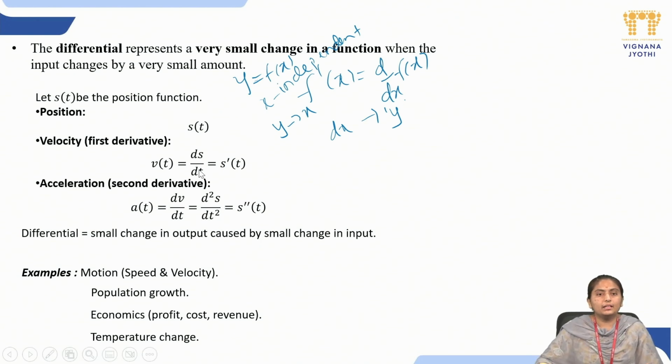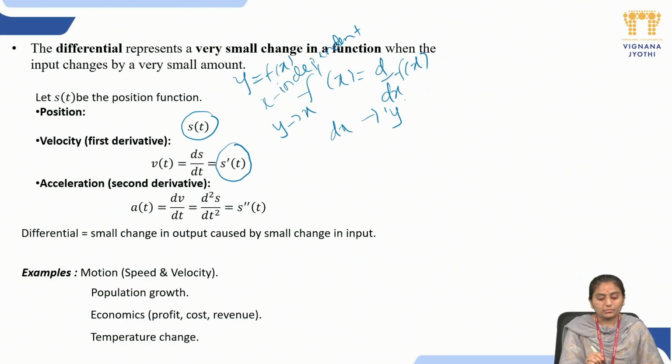Suppose we consider s of t to be the position of an object. Okay, initially at time t, the position of the object is s of t. And if we want to calculate velocity, that is ds by dt, the distance changing with respect to time, we take it as s dash of t.